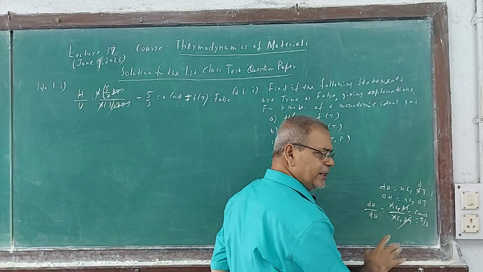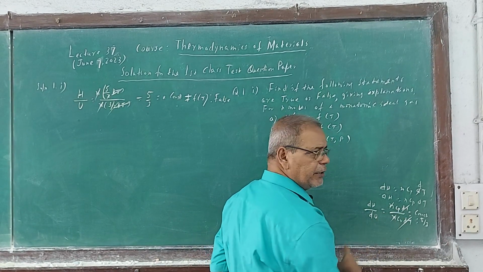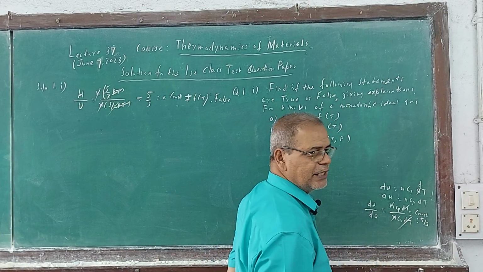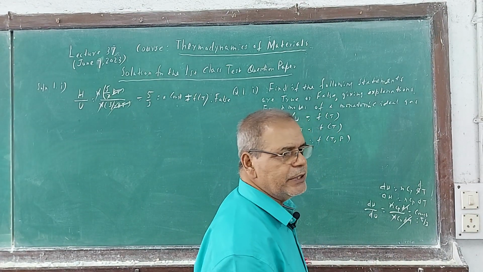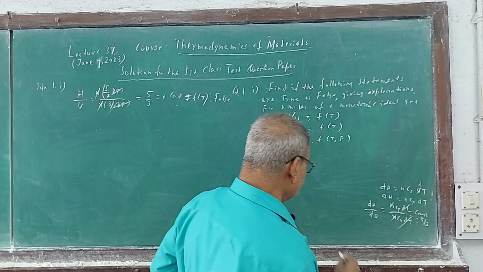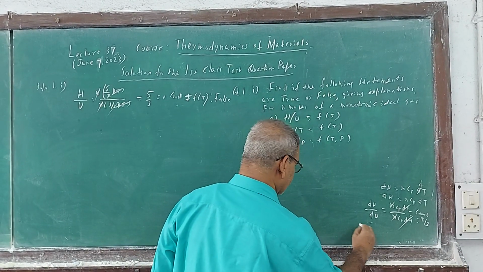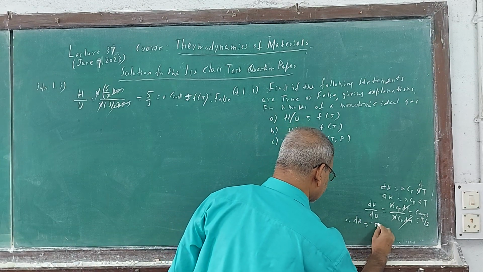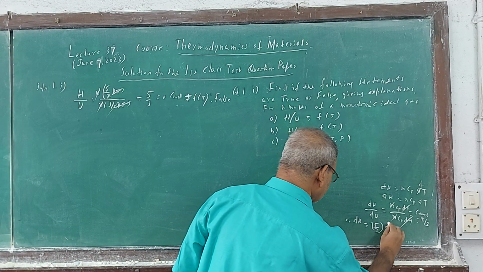These are okay. Given dH is nCp dT and dU is nCv dT, your argument is this is a constant, hence H by U, H over U, is also constant. Let us see. Your argument, dH is 5 by 3 dU.